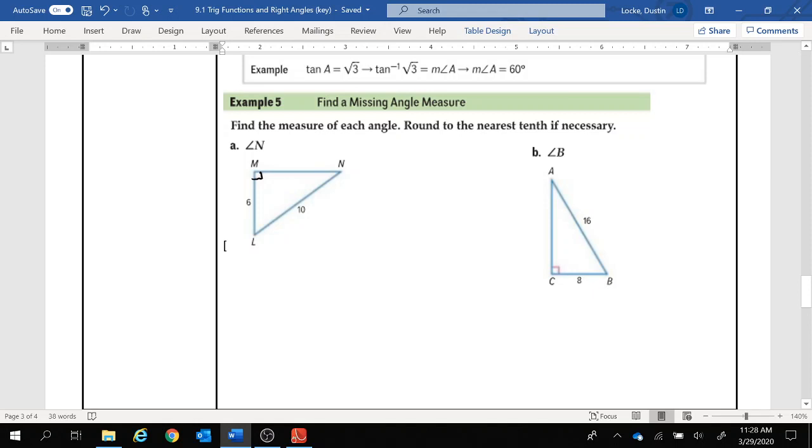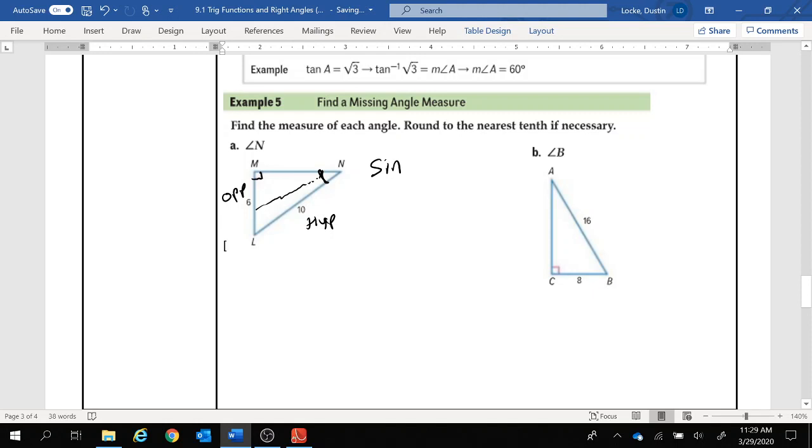The angle that it wants me to reference here is n. That's what we're using to find which ratio we need to use here. So once again, you think of it the same way, you look across. That 6 is going to be your opposite side, and then the 10 here is your longest side, across from the right angle, your hypotenuse. So we have O and H, meaning that's going to be our sine function.